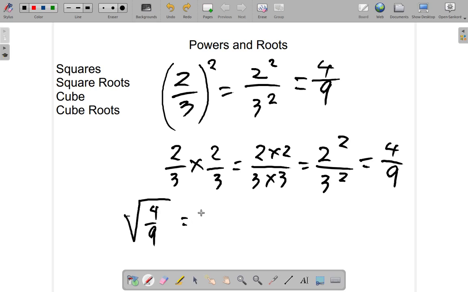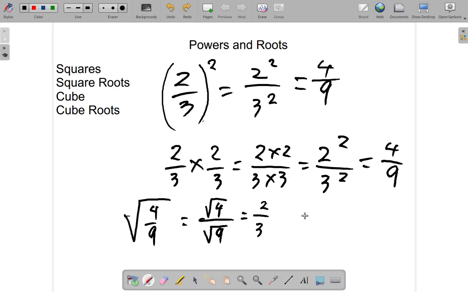You can also separate these by saying it is the square root of 4 over the square root of 9, which is 2/3. So the square root of 4/9 is 2/3. You can see it from up here. 2/3 squared gives you 4/9. That means the square root of 4/9 gives you 2/3.